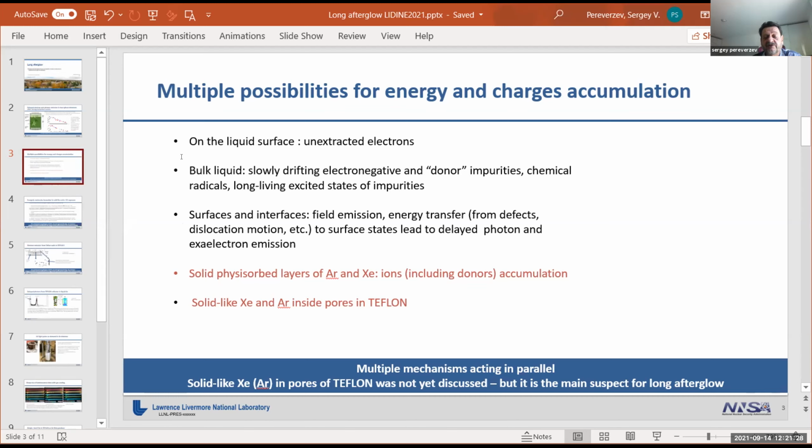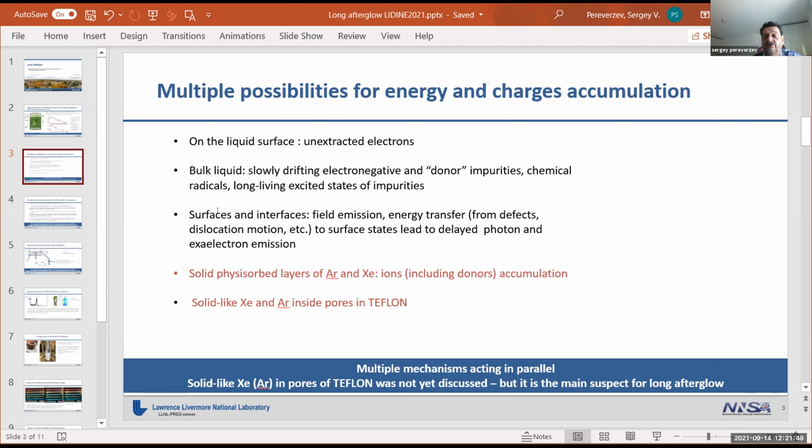Of course, the first suspect is the liquid surface, where unextracted electrons stay for some time. Then you have the bulk liquid, where you can form slowly drifting atomic and molecular ions, and electronegative impurities catch electrons.